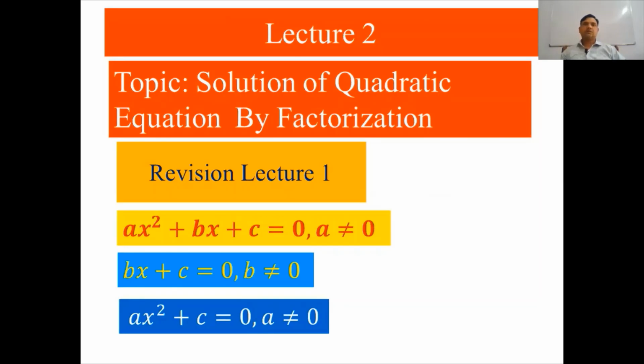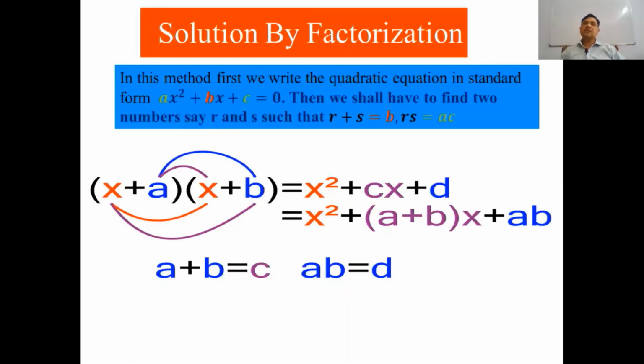Now today's topic is solution of quadratic equation by factorization. In this method, first we write the quadratic equation in standard form as ax square plus bx plus c is equal to 0. Then we multiply the coefficient of x square, which is a, with the constant term, which is c, to find ac, the product of a and c.